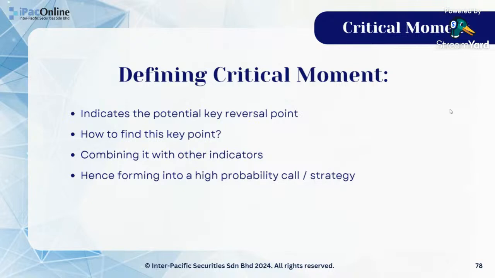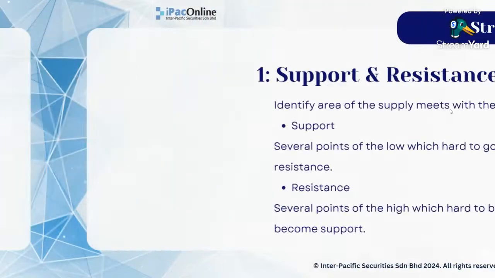Okay, so what else can I look at to time it more accurately? So how to find these points? To do it, one way we can do is combine with other available tools that can go along with it. Okay, so let's look at one example.